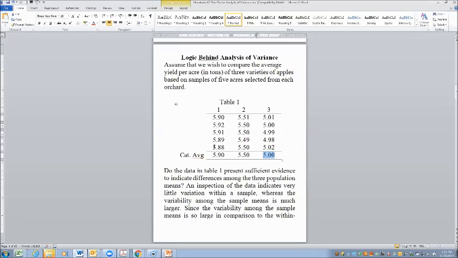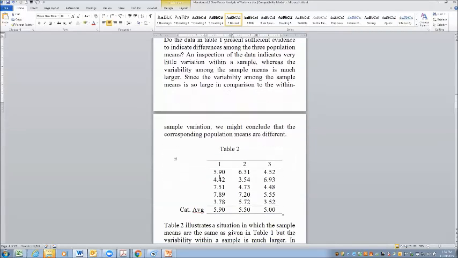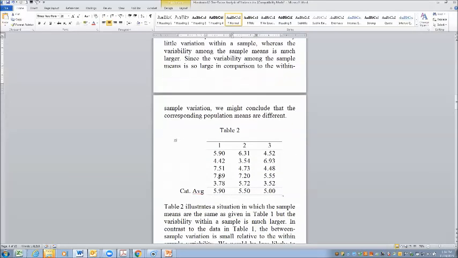So based off of the idea that these do not vary much within columns, and I get an average of 5.9 here and an average of 5.5 there, it is reasonable to conclude that these 2 averages are not equal, that the 2 varieties are not going to produce the same yield. But what if we have a slightly different set of numbers? Same concept. We're going to take our samples of 5 acres and look at the tonnage that comes off of those 5 acres.